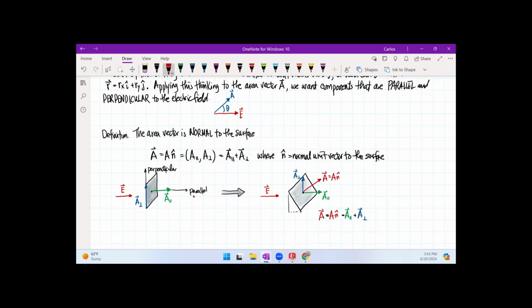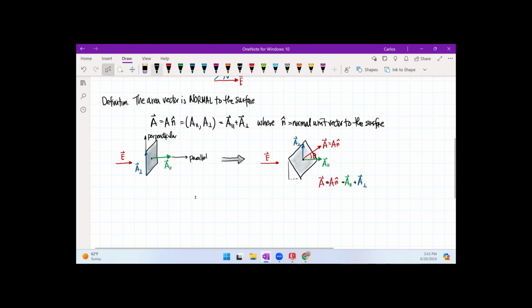And something I did not mention, this is the angle between parallel to the E field and the vector A. So again, this is for a plane surface tilted at an angle.